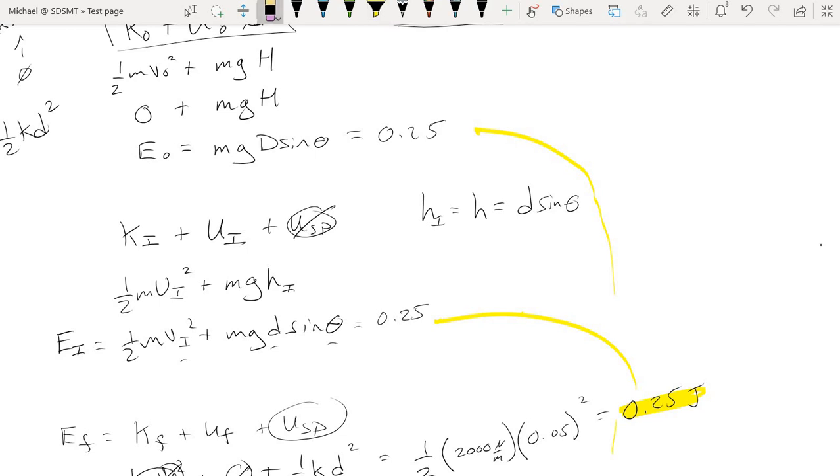So now we can say that the total displacement is 0.25 over mg sine theta, and our mass was 10, 9.8 for g, sine of 45.